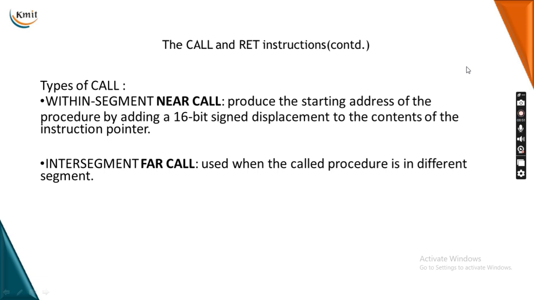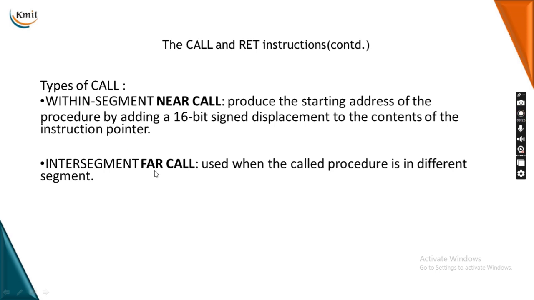So the types of call instructions, we have two different: near call and far call. Within a segment we can use near call, and between segments, as we have four segments, code segment, data segment, extra segment, and stack segment, if we are calling across the segments, we have to use far call.